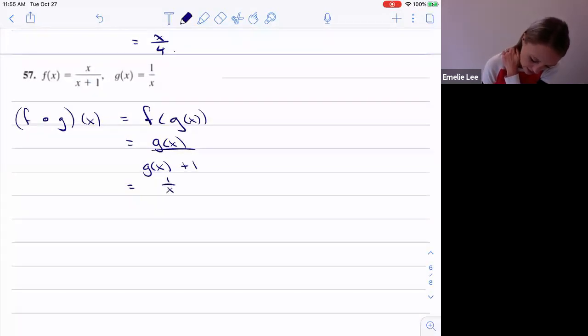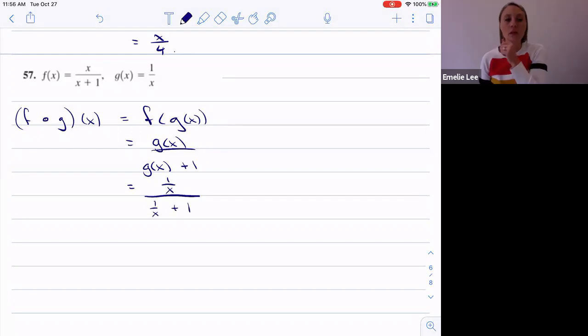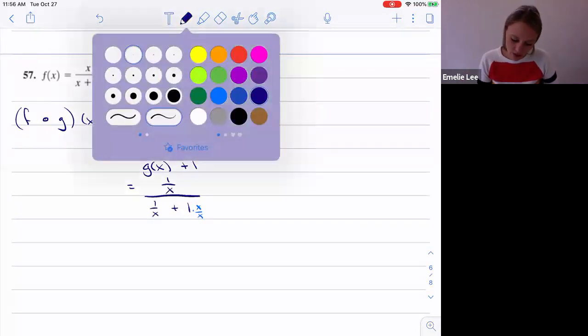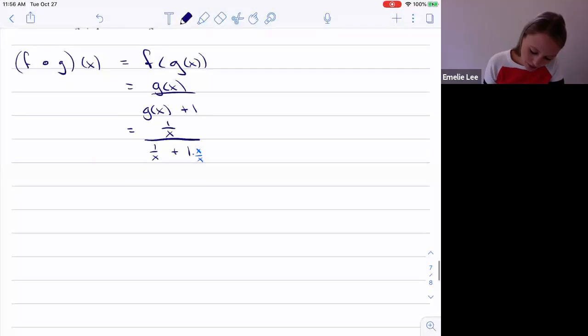So I get 1 over x over 1 over x plus 1. Before I can combine these, right, I need a common denominator. And so what I'm going to do up here is multiply by x over x to force that common denominator. And I am moving quite a bit faster than we have been doing, right? But we've done all these problems already. So they should be feeling pretty good by now.